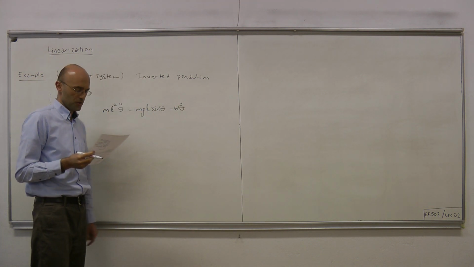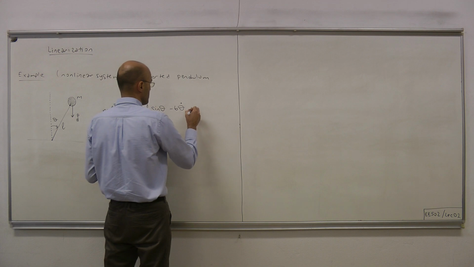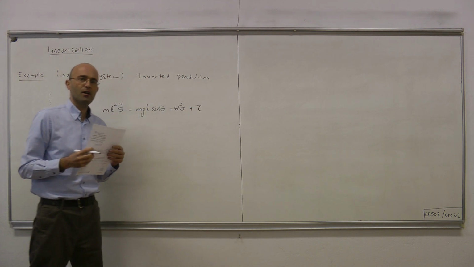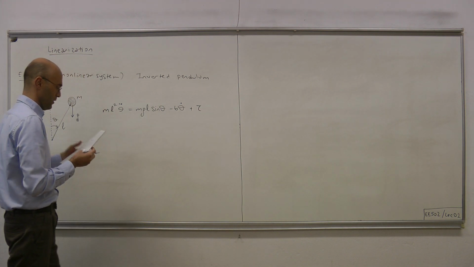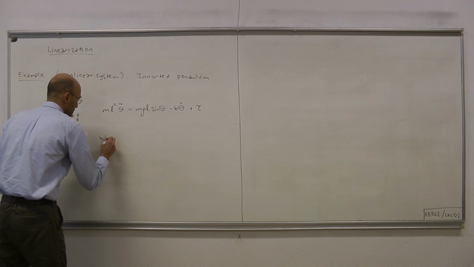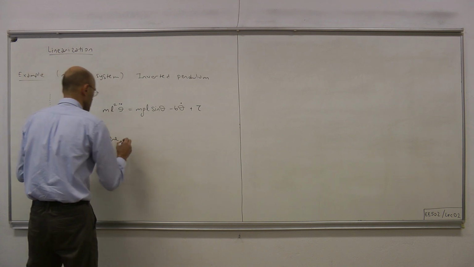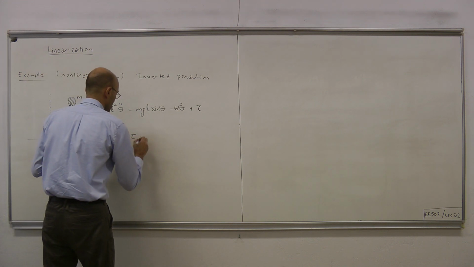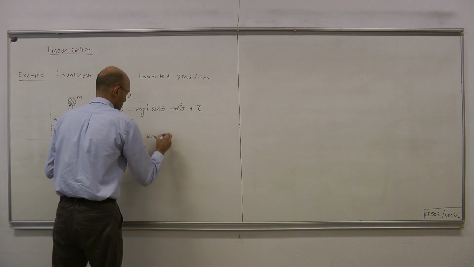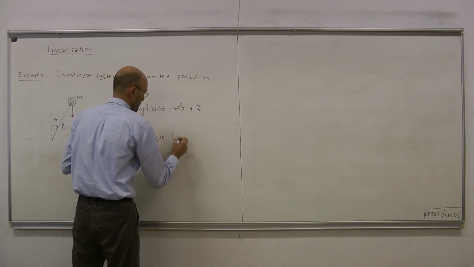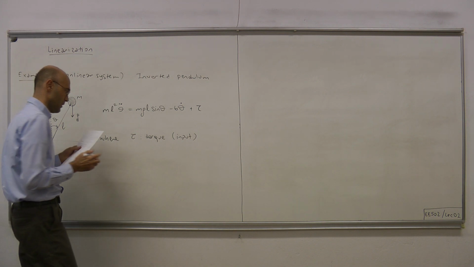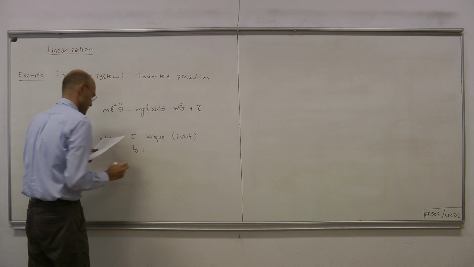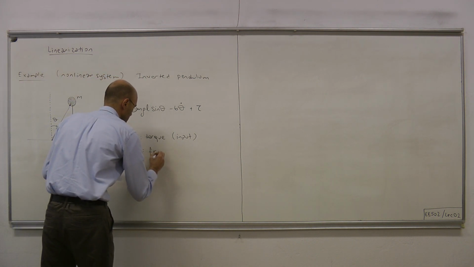This term represents friction, and suppose that we also have some input over the system, namely torque, where tau stands for torque, and we're going to consider that as our input to our system. And B is the friction coefficient.